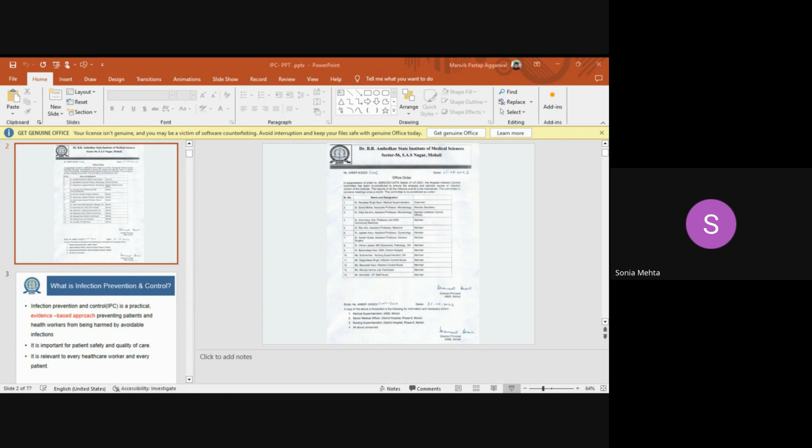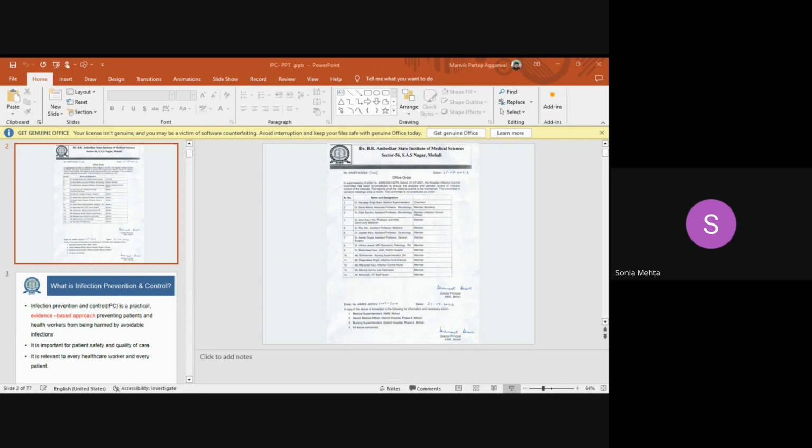So why was this committee required? What was the need? That is my primary objective which I want to convey in today's lecture. What is infection prevention and control, that is IPC? It is a practical, evidence based approach preventing patients and health workers from being harmed by avoidable infections.